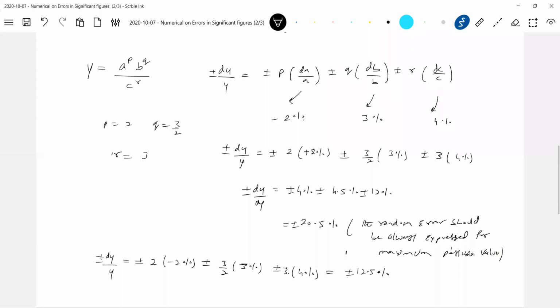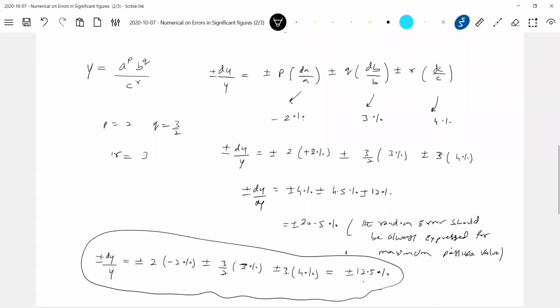Don't solve this one. There's nothing wrong, but the convention says that you always express the maximum possible random error. So definitely 12.5 is less than 20.5. So for you, this is correct, but according to the rule, this is correct here. Okay, so therefore I should not say wrong, just not advisable, based on the rules.